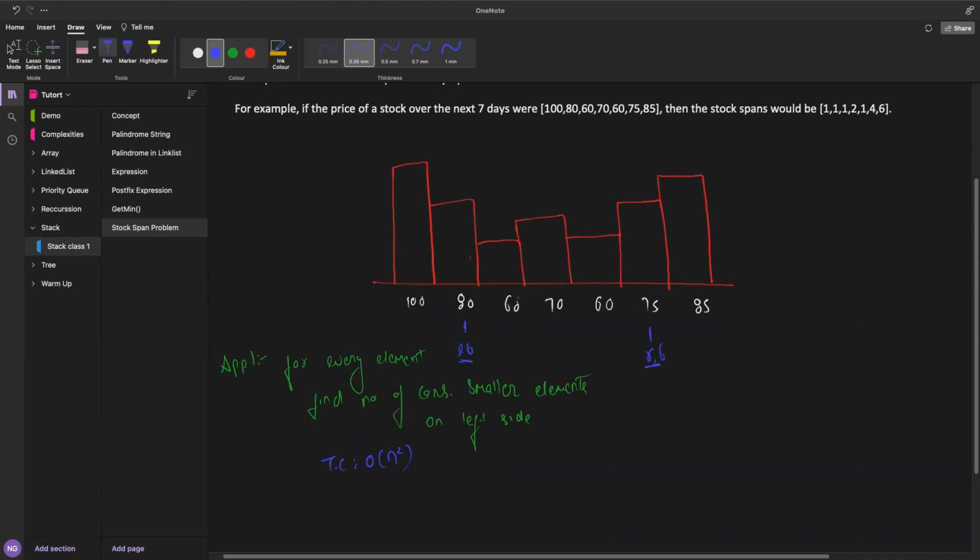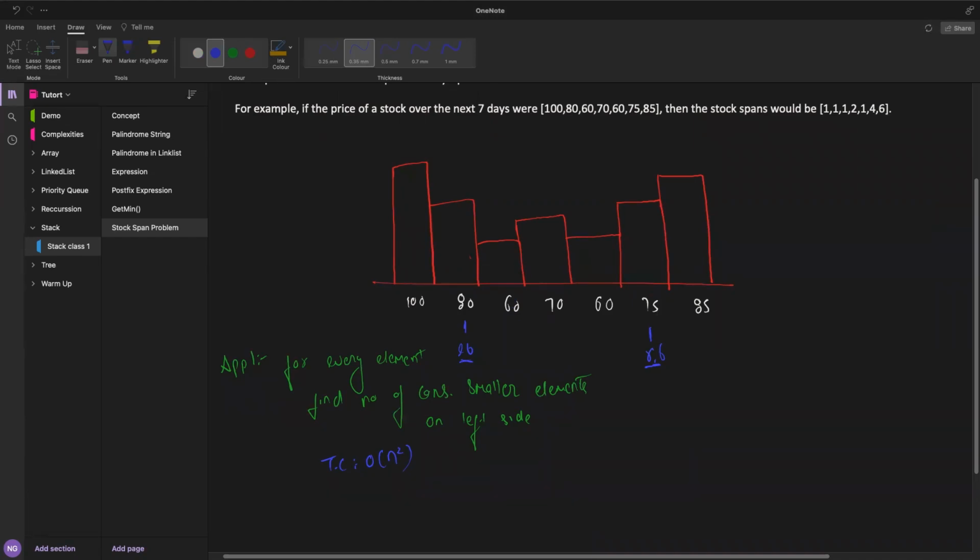Whatever we discussed in the array while solving the rainwater trap problem will not be useful here, because in the rainwater trap problem we try to get the maximum on the left hand side.